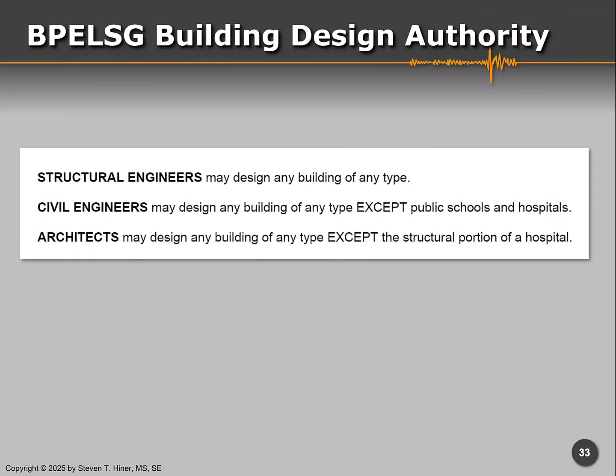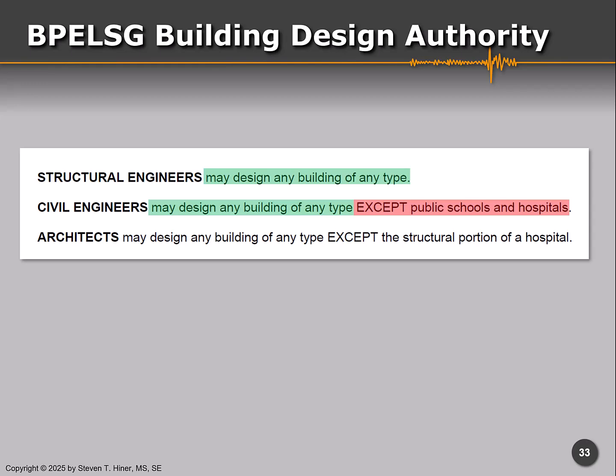And the board has a handout that has to do with building design authority, that structural engineers may design any building of any type, civil engineers may design any building of any type, except public schools and hospitals. So in California, a public school and hospitals need to be designed or under the responsible charge of a licensed structural engineer.